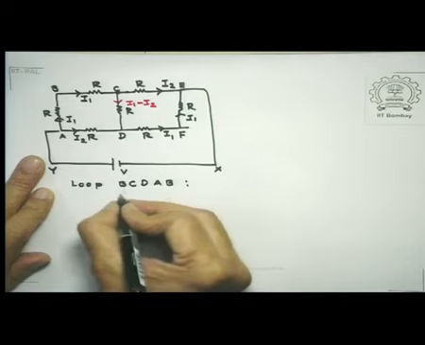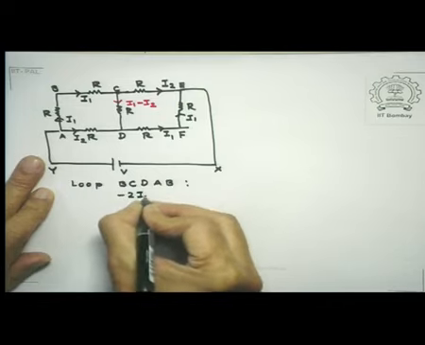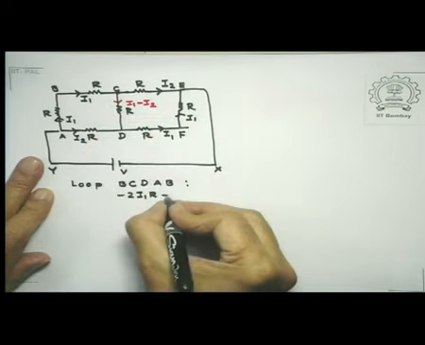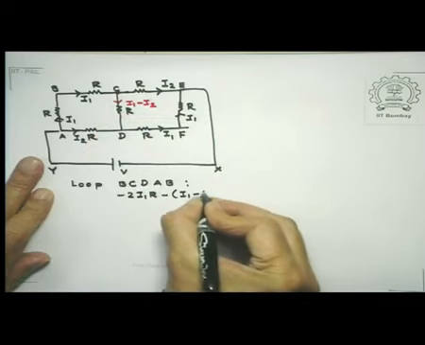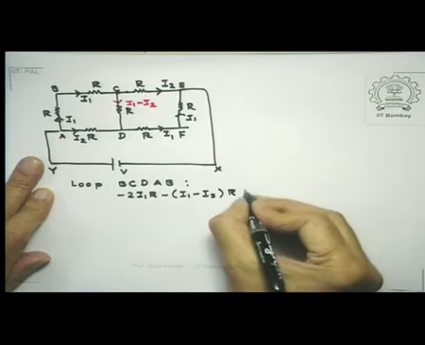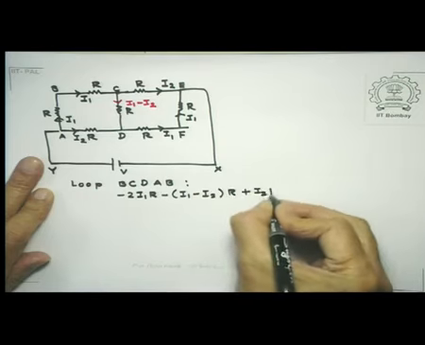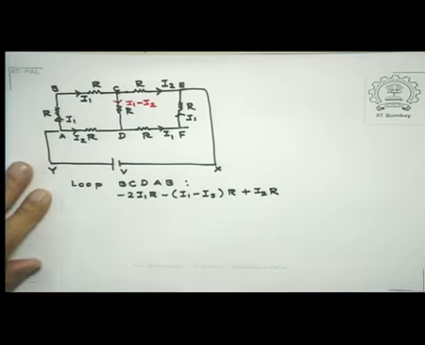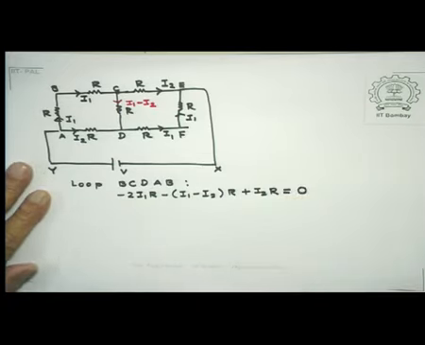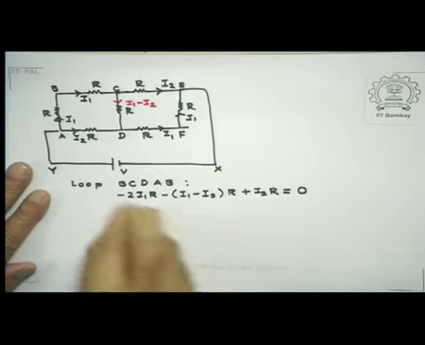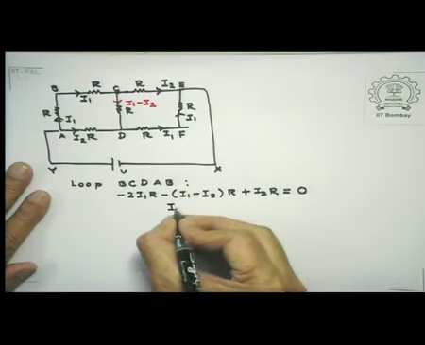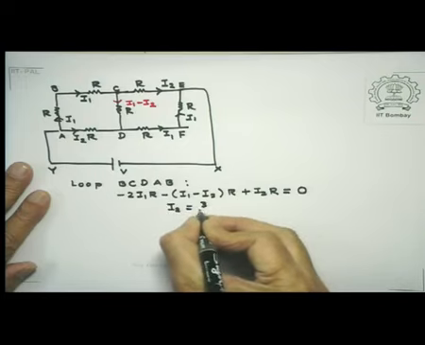So this is minus 2 I1R, then minus again (I1 minus I2) into R, and this time plus I2 into R, because I am traveling in the direction opposite to the current, and since there is no source in that branch, that's equal to 0. So if you simplify it, you will find I2 is equal to 3 by 2 I1.